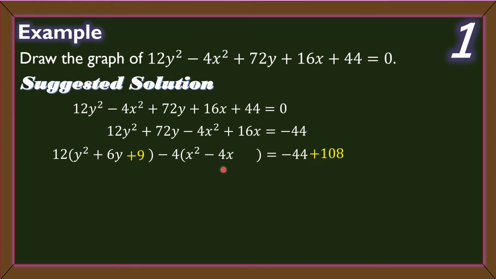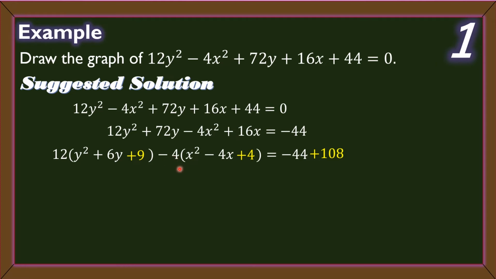For the other variable, x² − 4x, we're going to turn this into a perfect square trinomial. So we have −4 divided by 2, that's −2. The square of that is positive 4. In effect, we have subtracted 4 times 4 from the left-hand side of the equation.